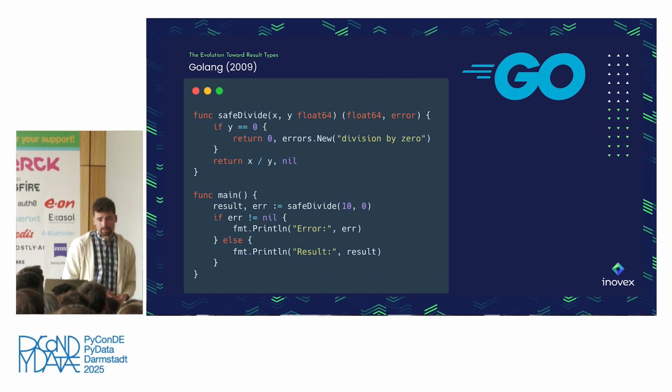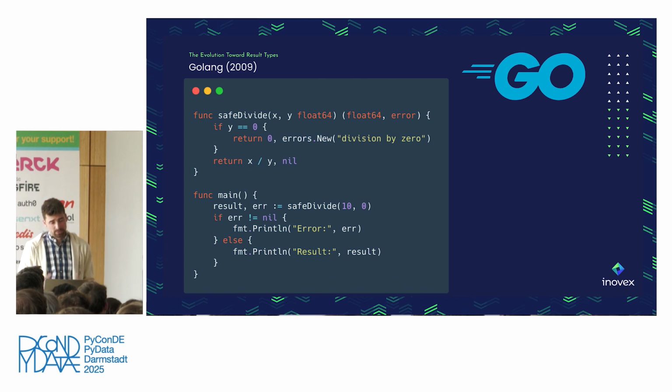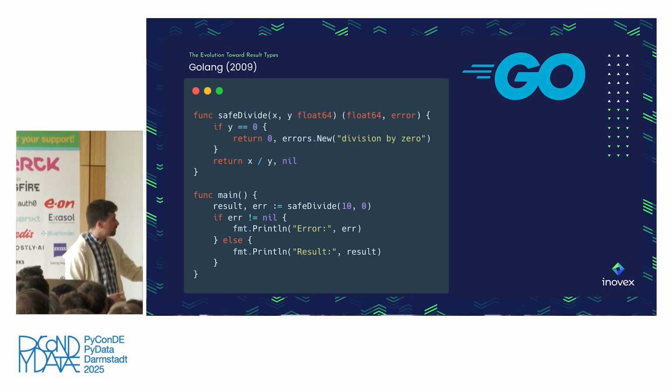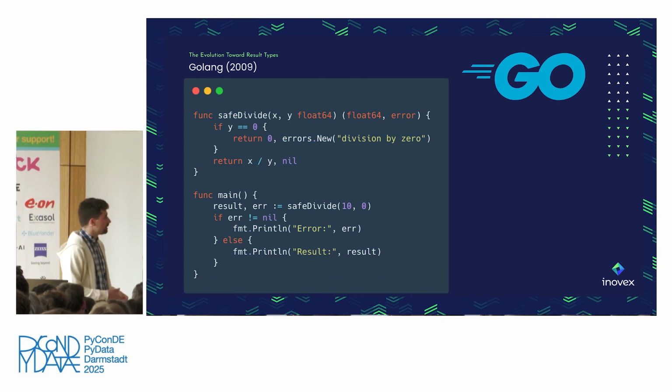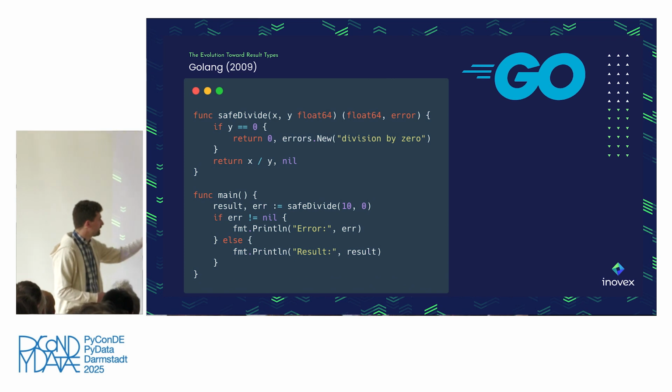And what Go does is that in those cases, so Go has no exceptions, you return a tuple. And this tuple is the actual value and the error. So in case the user provided 0, we return some dummy value 0 and an error. In all other cases, we just divide x by y and return a kind of none, a nil.